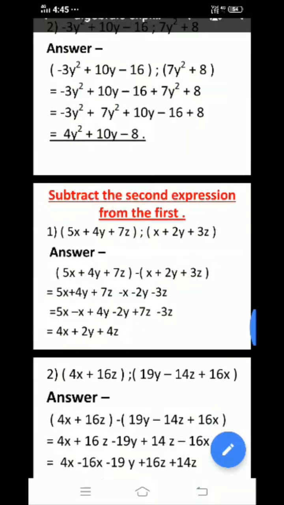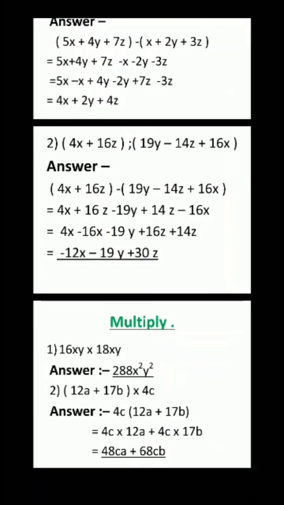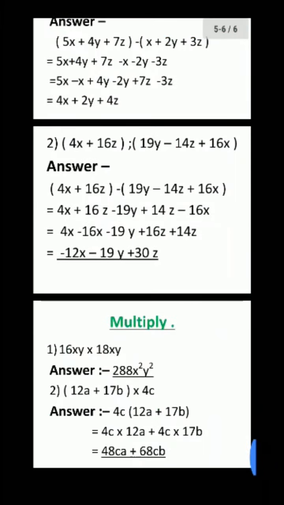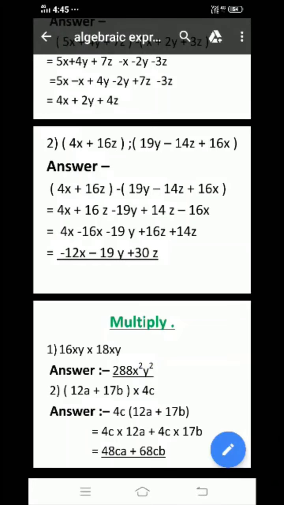Okay, now next question. See, 4x plus 16z is the first algebraic expression, and the second is 19y minus 14z plus 16x. Again you have to write the minus sign here.